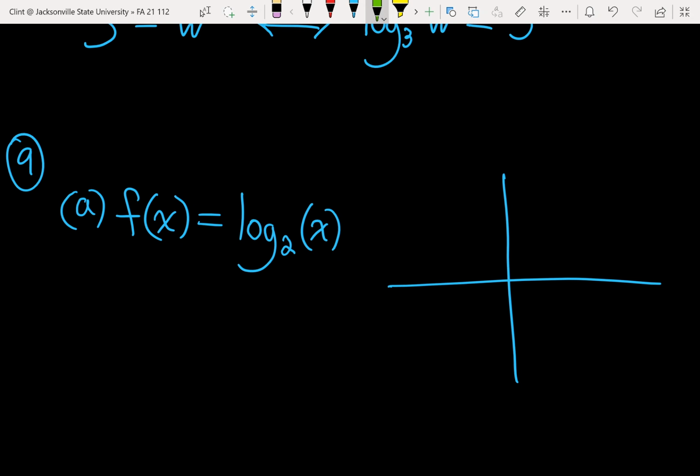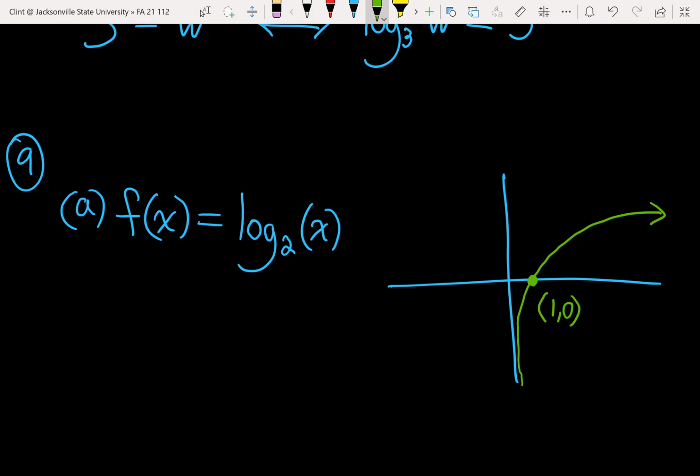Our basic logarithm graph comes in from the bottom, and then it almost goes horizontal. And what point do our logarithms go through? Exponentials go through 0, 1, so logarithms go through 1, 0.